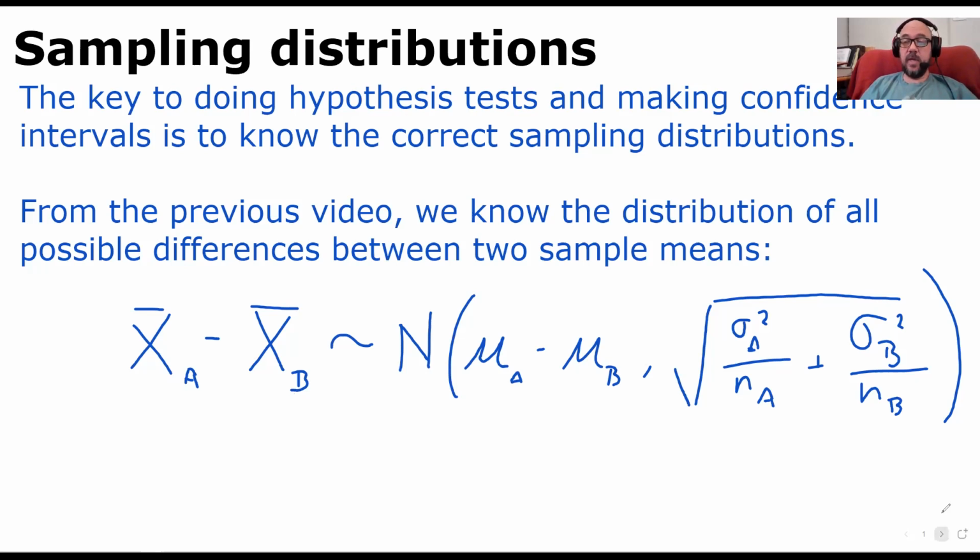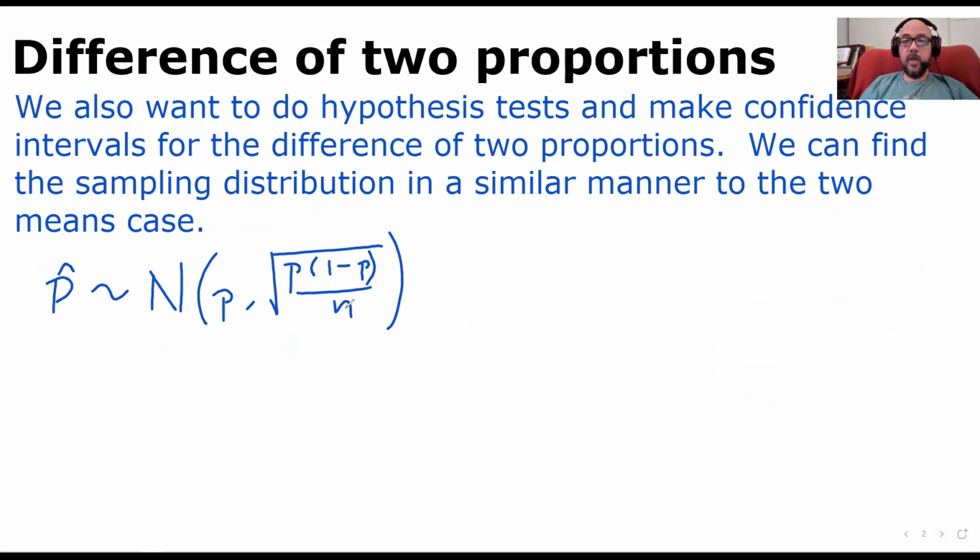We're going to do exactly the same thing here. It's going to look a little different because the formulas for the standard deviation are different, but it's the same idea. So p hat, the sampling distribution of sample proportion, is this. We know this from the central limit theorem for proportions.